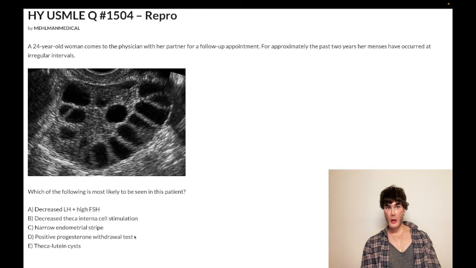So in PCOS/anovulation, we have a functional endometrium. Estrogen levels are normal, if not slightly increased. So we have a withdrawal test where when we pull progesterone away, we're going to get sloughing of that endometrium. We get menses, the positive progesterone withdrawal test.